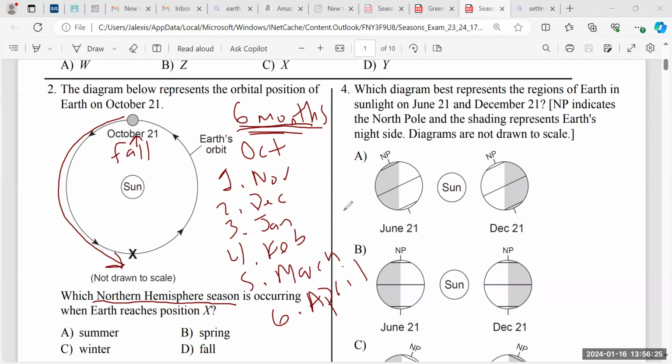And so because I traveled half of the year, because I'm moving half of the cycle, 6 months after October is April. And what season is April in? It is in spring. Choice B.